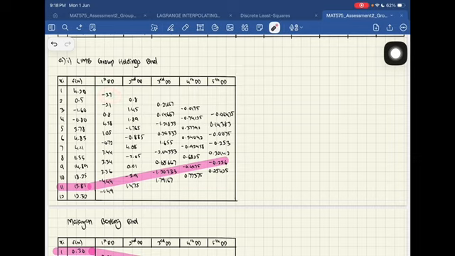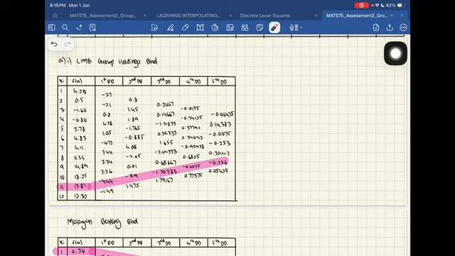So the second DD, negative 2.1 minus 3.7 over 3 minus 1. For the third DD, 1.45 minus 0.8 over 4 minus 1, and then we get the answer.